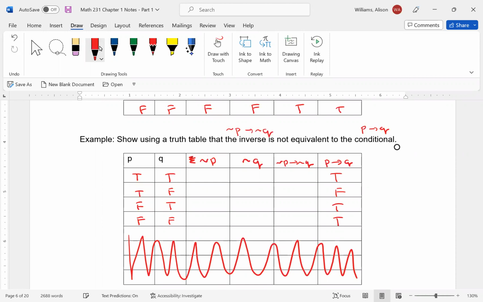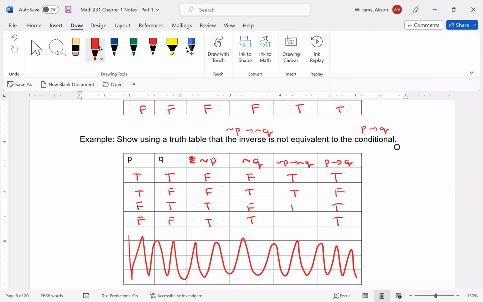Okay. All right, so now I'm going to do the middle ones here. So not P, that's going to switch the first one. So false, false, true, true. Not Q, that's going to switch the second column. So false, true, false, true. Okay, and now we're looking for the implication. So false implying false, that's fine. False implying true, that's fine.